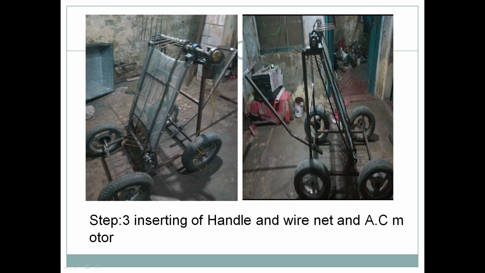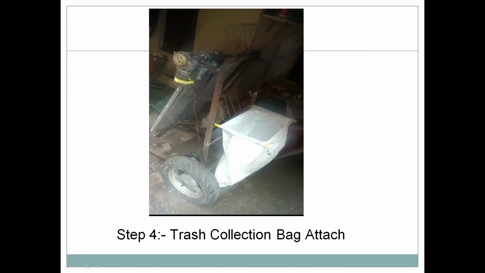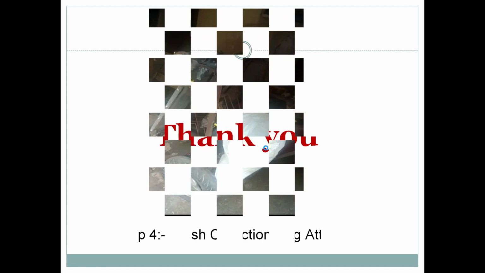So these are hooks to collect the foreign materials. And now this picture was also clicked while working in the lab. Now the trash collecting bag, because this is very comfortable to move from here. So we use a trash collecting bag made of plastic.